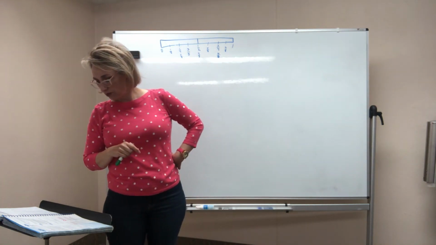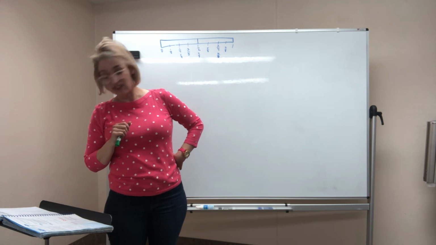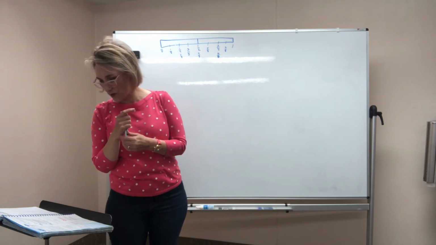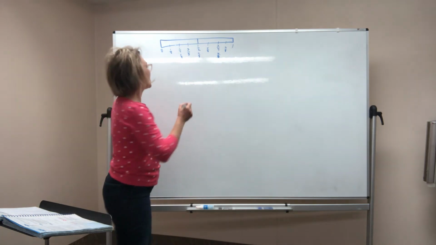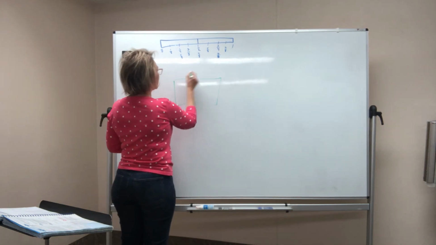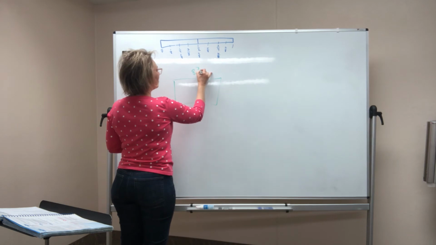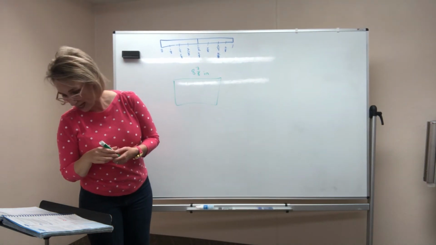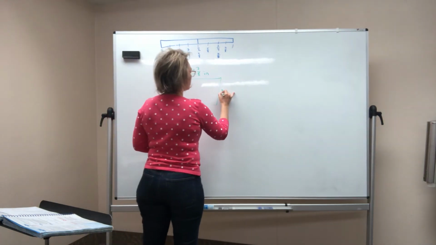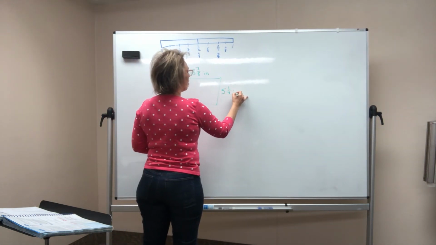So maybe that's not why Kylie did this, because this is in inches. Who knows why she did this? Okay. The rectangle is 8 7/8. So here's our rectangle, and it's 8 7/8 inches long, and it's 5 1/4 inches tall.